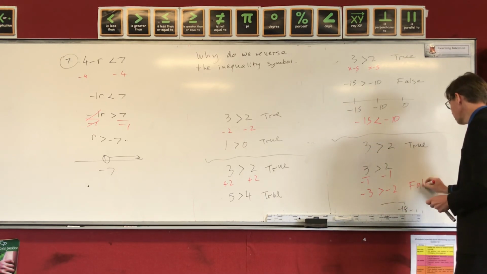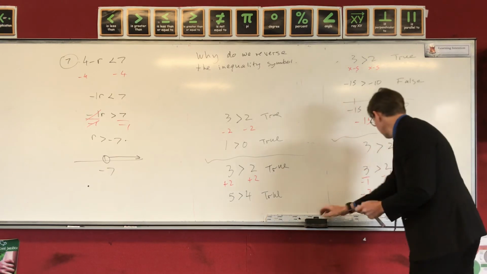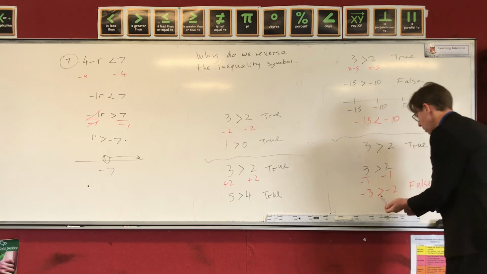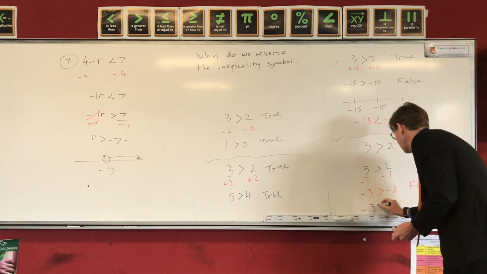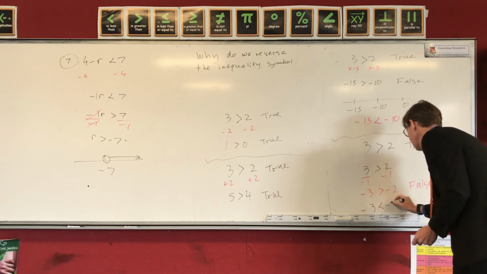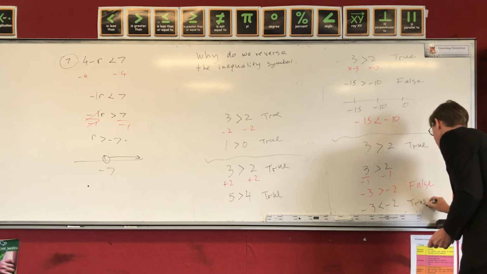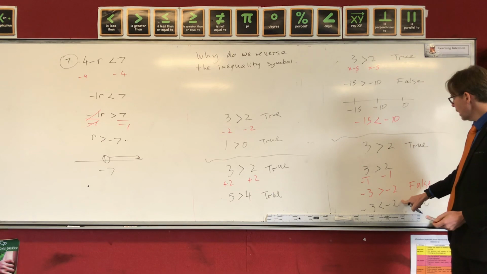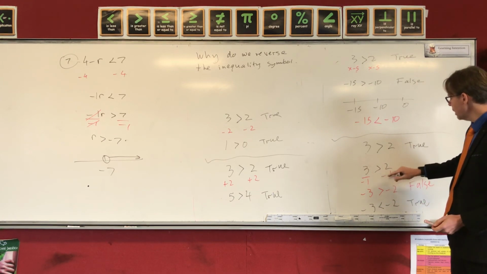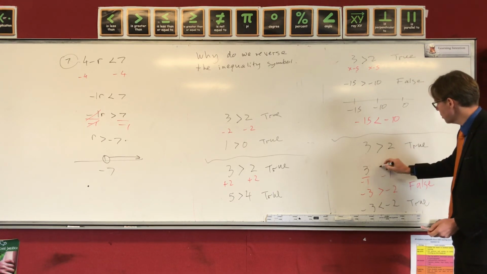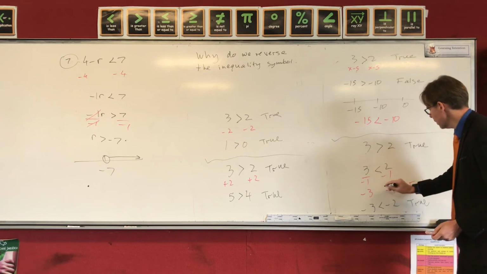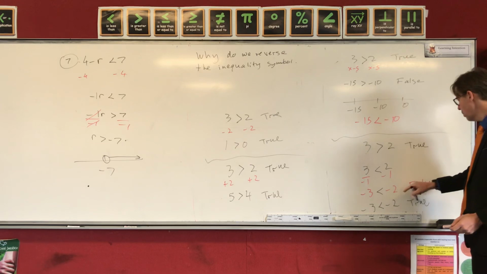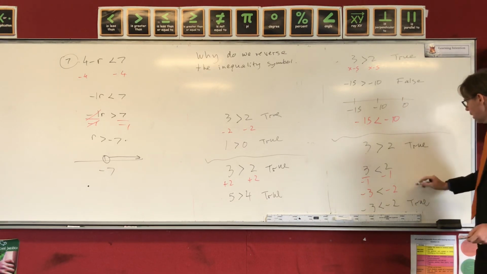Okay? So the true statement should be negative 3 is less than negative 2. That's true. Okay? So in order to keep the statement true, when I'm dividing by a negative, I've got to reverse the inequality. So if I reverse the inequality when dividing by a negative, I end up with a true statement.